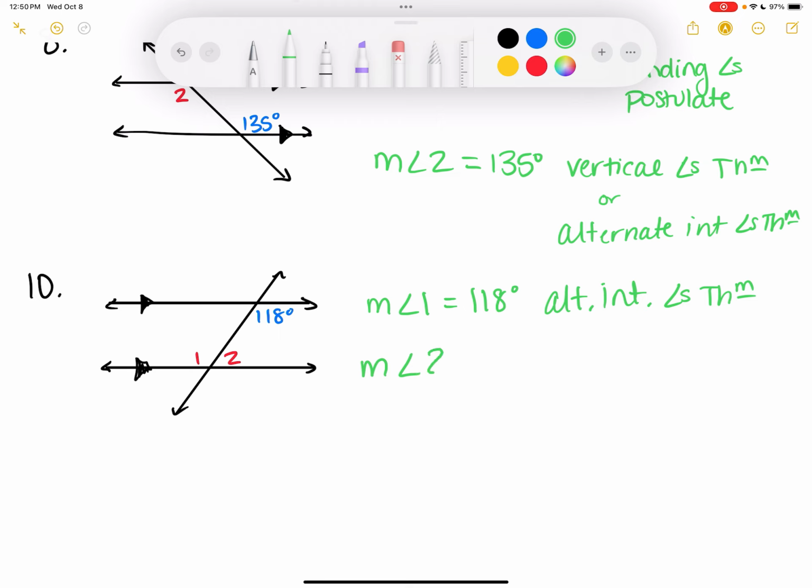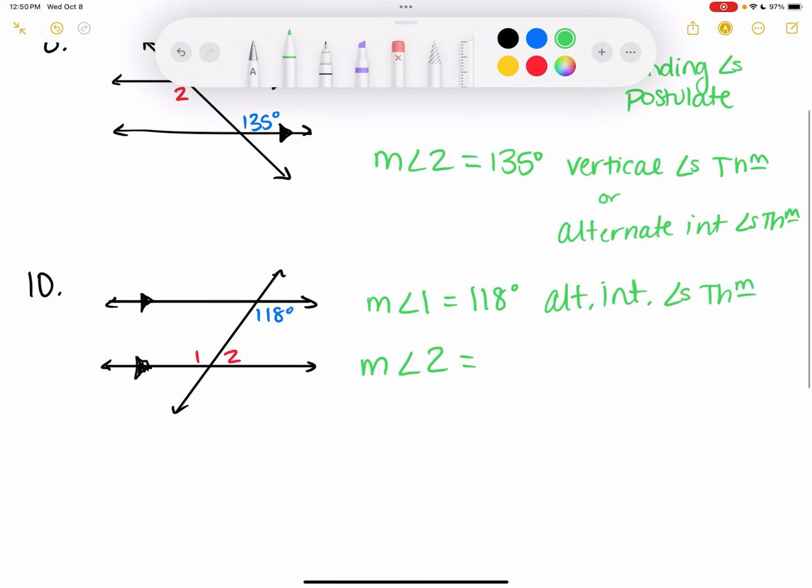What about angle 2? 62 degrees because supplementary. Saying supplementary is not a theorem or postulate, so it's not going to work. How about, what are these two here together?